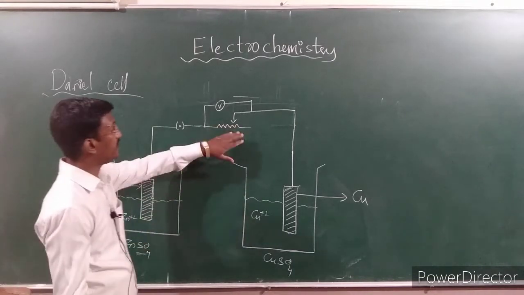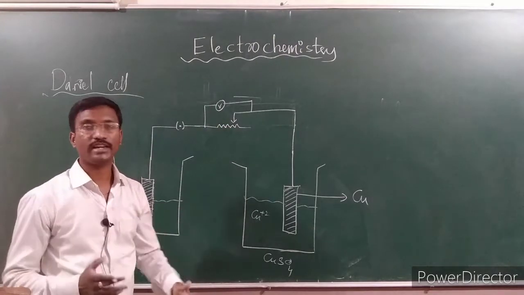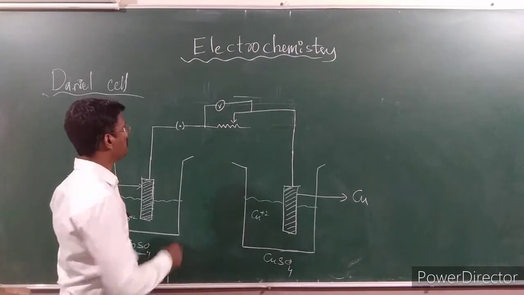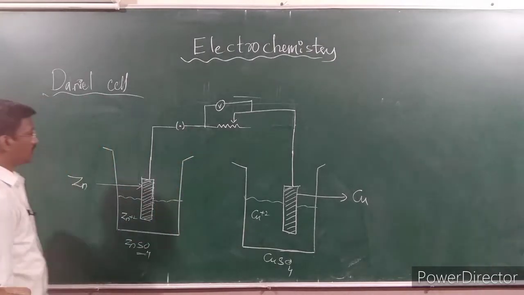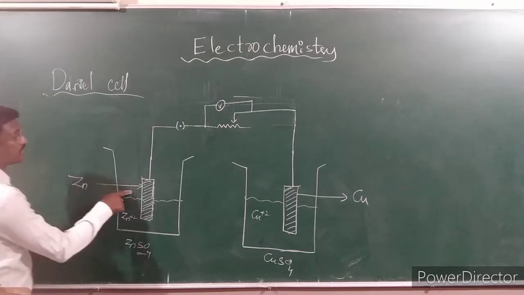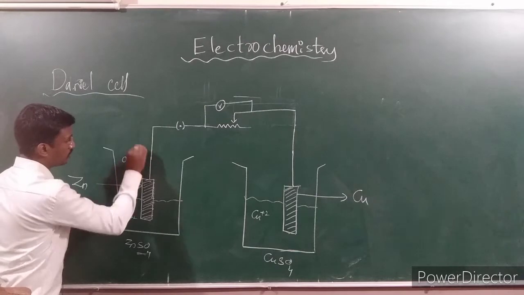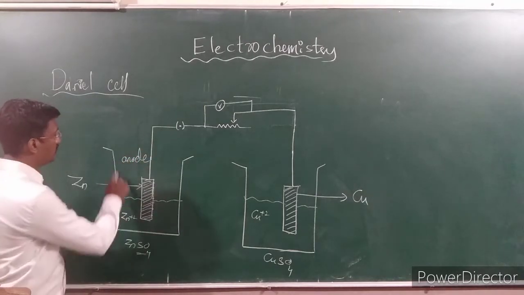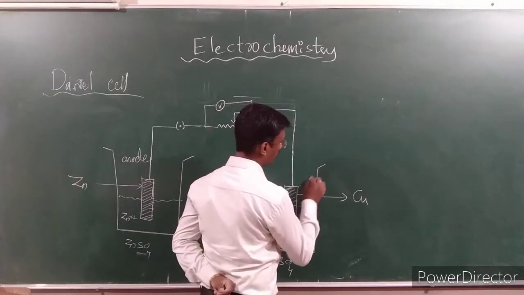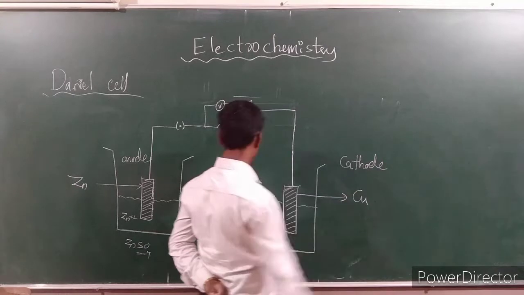You can vary the voltage to see how much current is passing between zinc and copper. So this is the external circuit. Zinc is connected to the anode, that's why we call it the anode. The zinc is the anode rod, and copper we call the cathode.